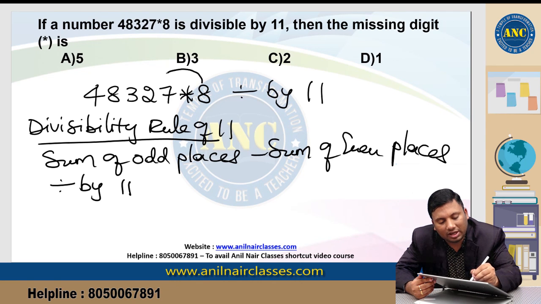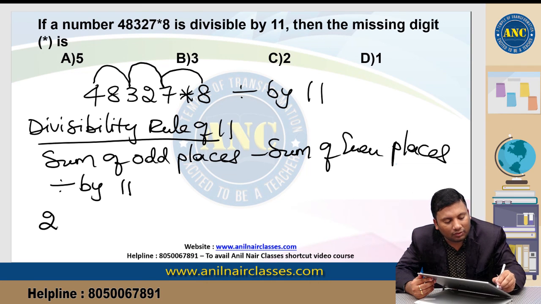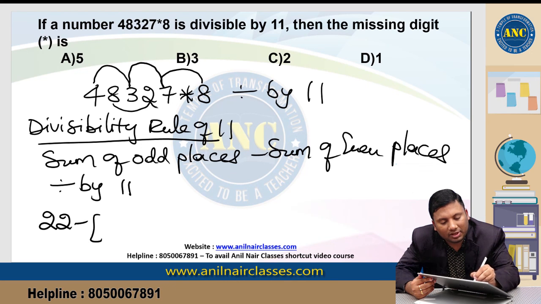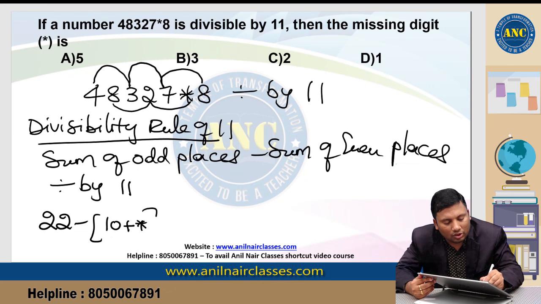Odd places: 8 plus 7, 15, 15 plus 3, 18, 18 plus 4, 22. Minus even places: 8 plus 2, 10, 10 plus star should be divisible by 11.